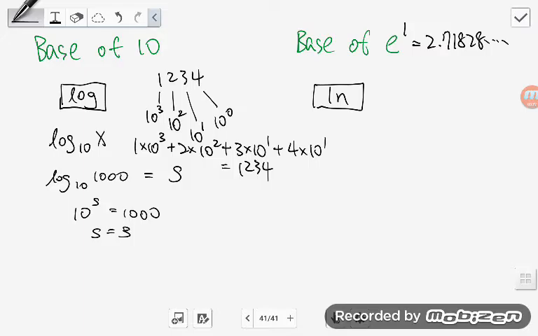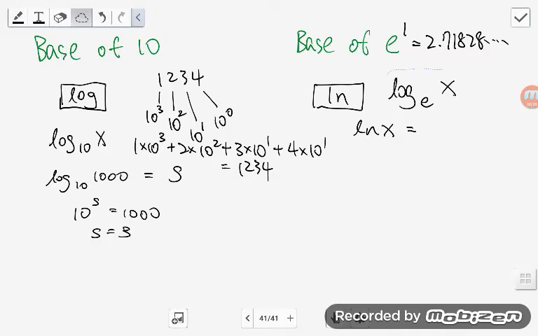It never repeats, there's no pattern to it, and it never stops. Just like pi, it is an irrational number, right? And on your scientific calculator or your TI-84 GDC, you can also see a button that says ln, and that just means taking a log x to the base of the number e. They are the same thing. So ln x is the same thing as saying log x to the base of e.